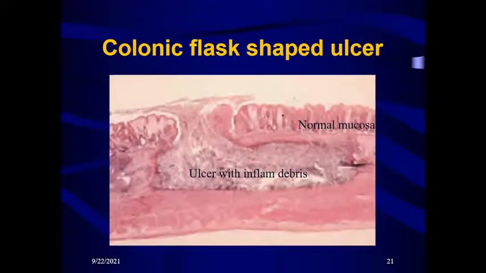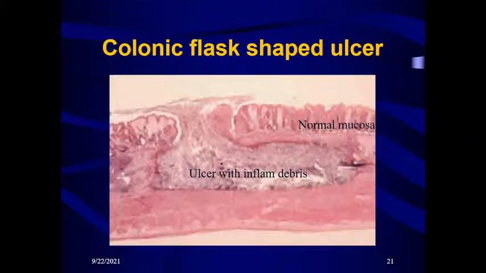This is a normal mucosa. This is an attempt to demonstrate the flask shape. So this is the mouth of the flask. This is the neck, and then this is the base. So these are flask-shaped, wide base, narrow neck, and then a top, a mouth of it, filled with inflammatory debris.